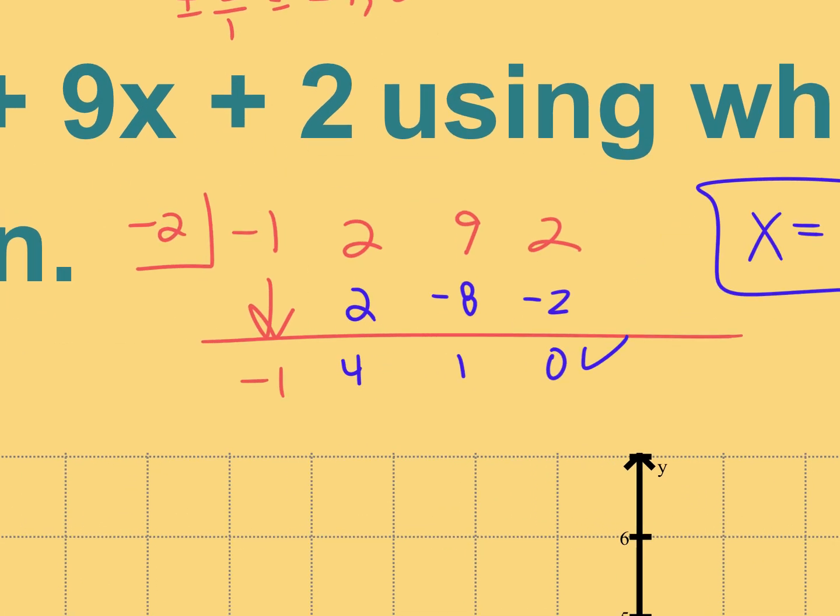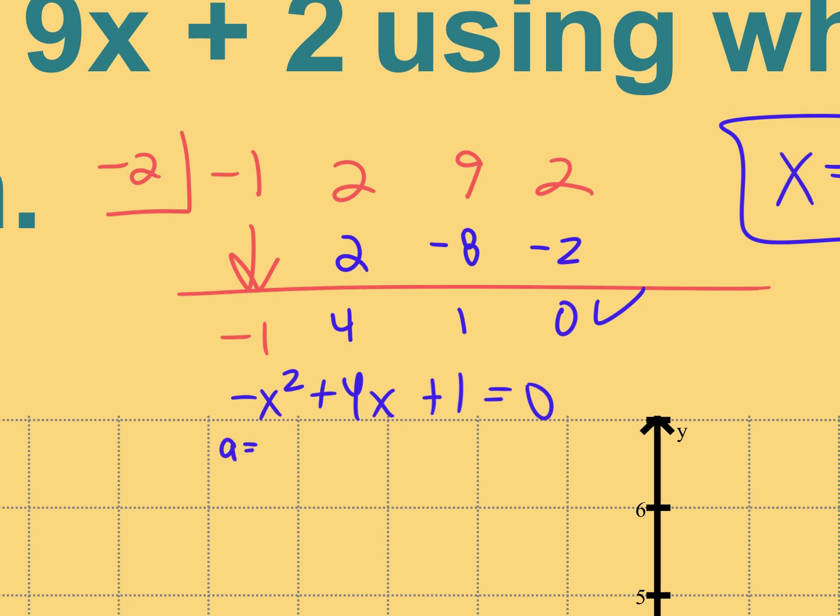Okay, so what am I left with? -x squared plus 4x plus 1 equals 0. Without even factoring out the negative, is this going to factor pretty? No. So if you get to a quadratic that doesn't factor pretty, what do we have to use? The quadratic formula. So a here is -1, b is 4, and c is 1.